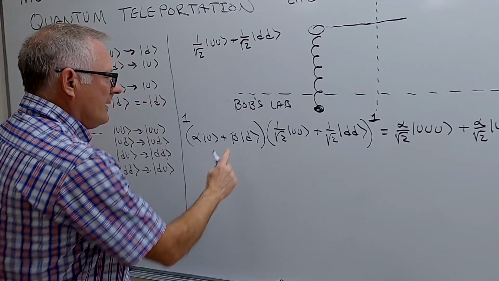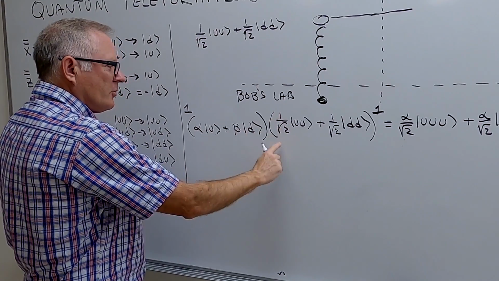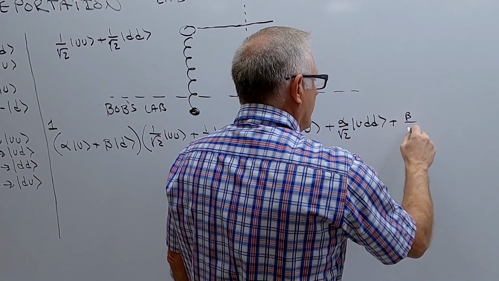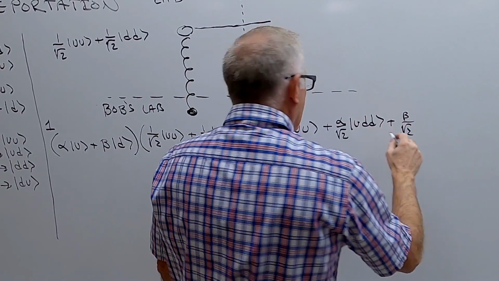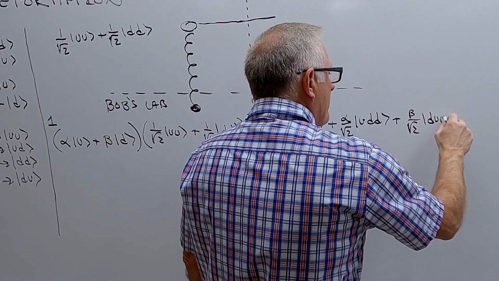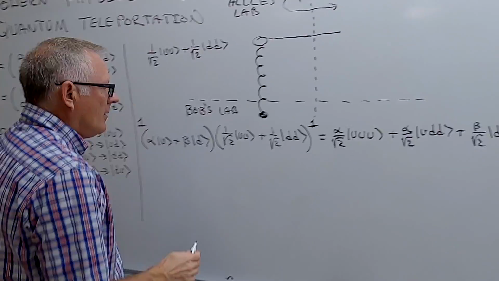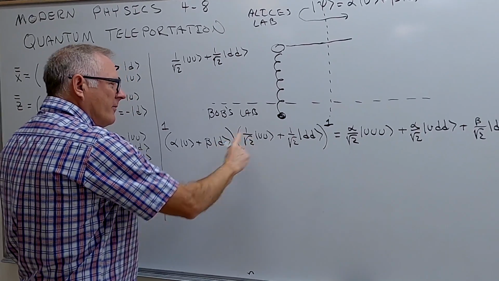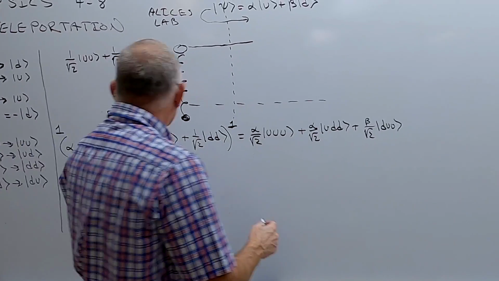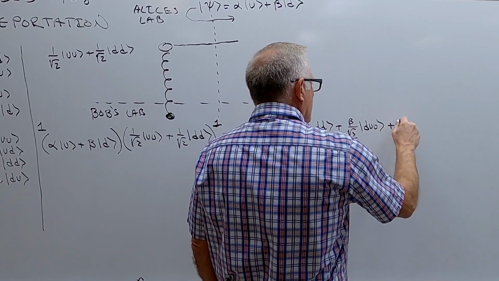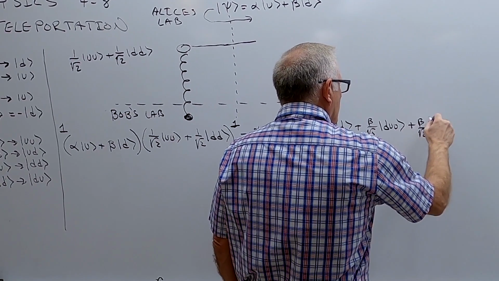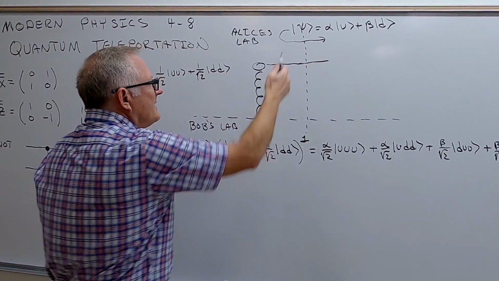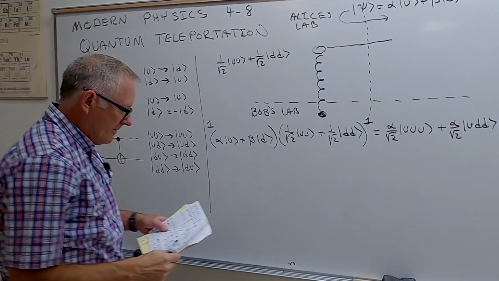Plus this one times this one, beta over the square root of 2 down, up, up. Plus beta over the square root of 2, down, down, down. So that's what the system is right here at this point.